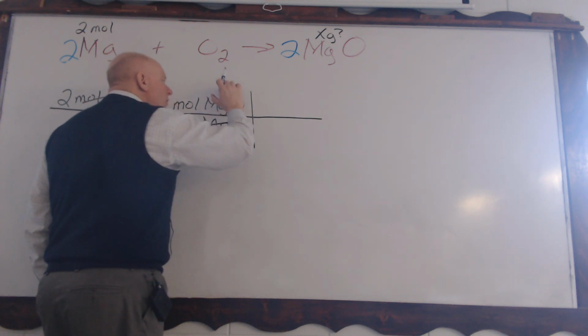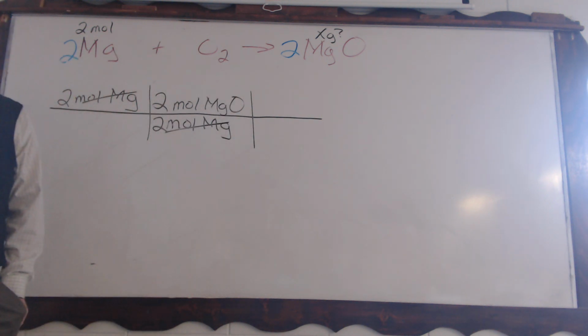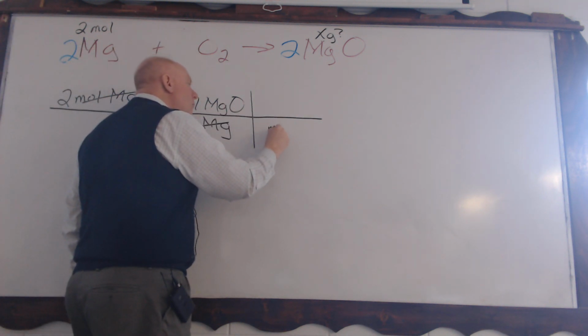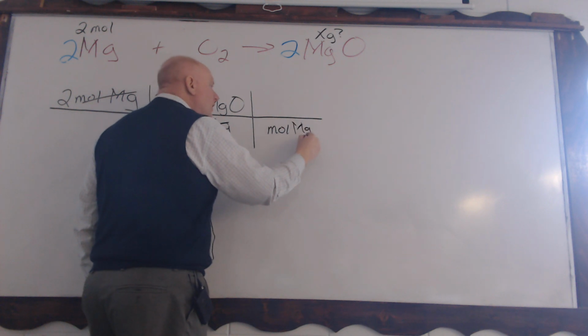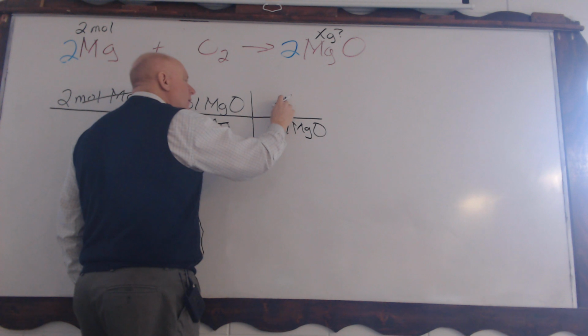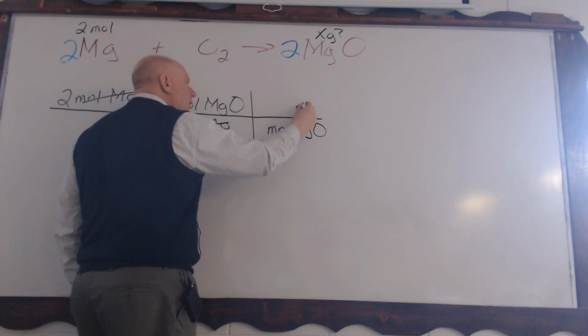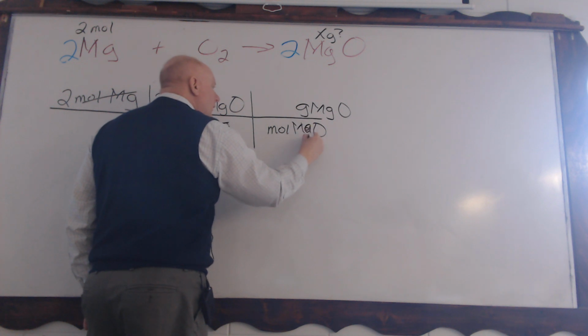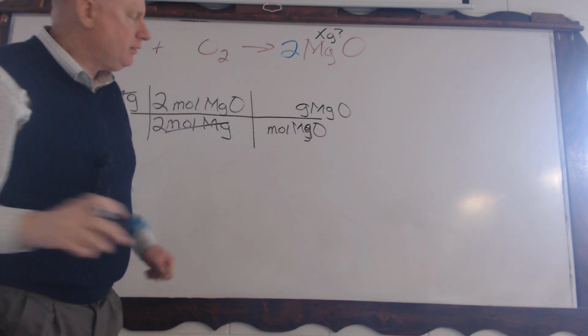So now how do we get rid of this moles of magnesium oxide? Okay. So for every mole of magnesium oxide, what do we put up here? Do you think? Yep, that is correct. Oh, geez, I butchered that. Okay.